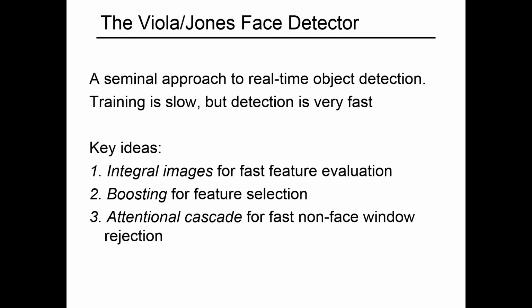Basically the key idea is to use some very weak classifiers that are super quick for detection, and then combine them together. This is the typical boosting idea.